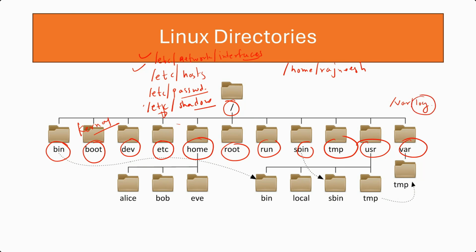This consists of all the log information of the system. Or maybe for web applications you can always come to /var/www, right? So this is where web server files will be stored. And the moment you want to see any logs, you just visit /var/log. This is where you will find all the system-related logs.